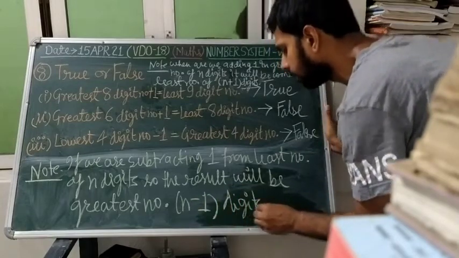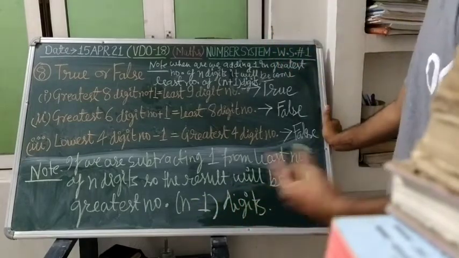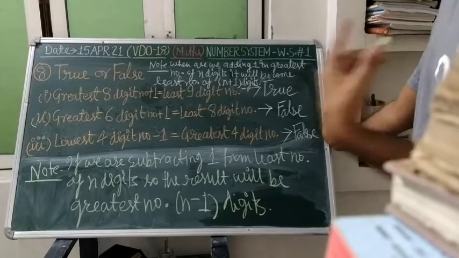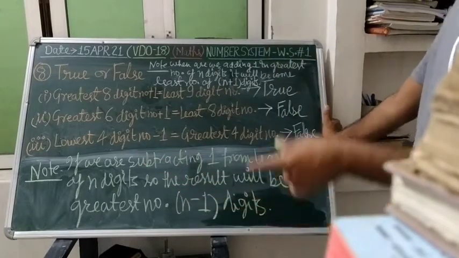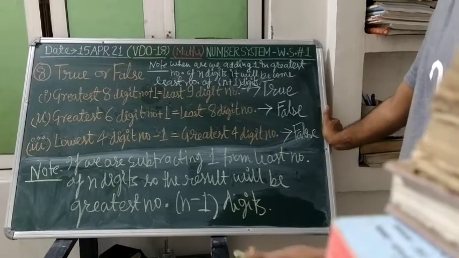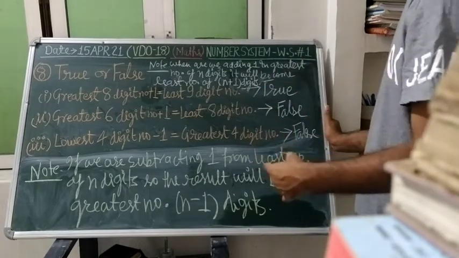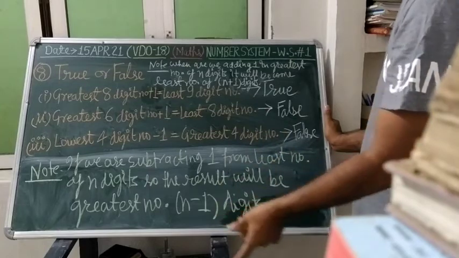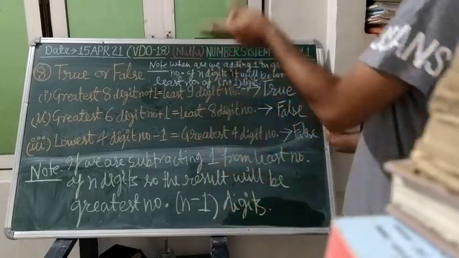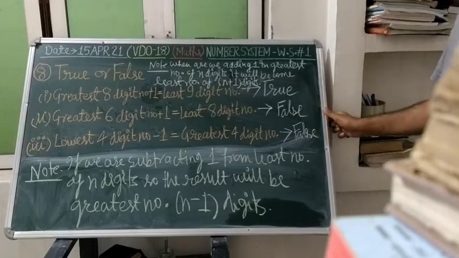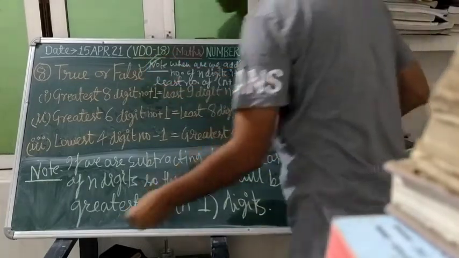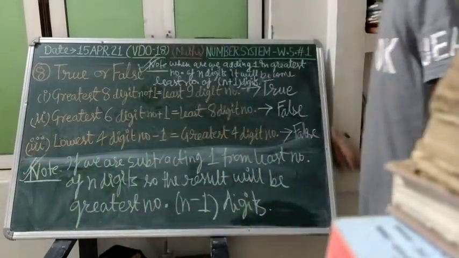So if you are subtracting 1 from the least number of n digits, it will become the greatest number of n minus 1 digits, whereas when you are adding 1 to the greatest number of n digits, it will become the least number of n plus 1 digits. These two things you will keep in your mind. Okay.